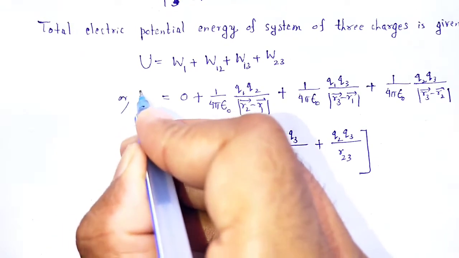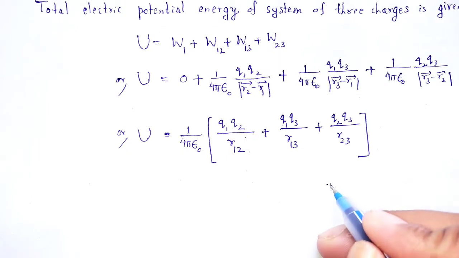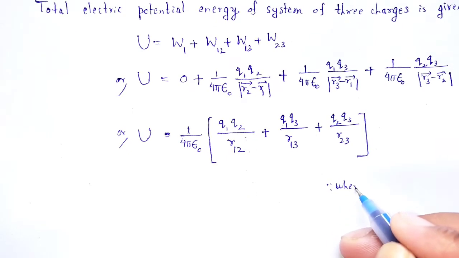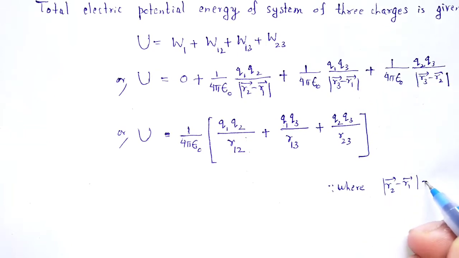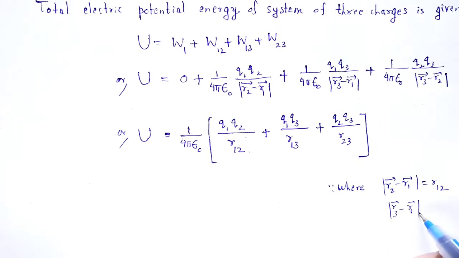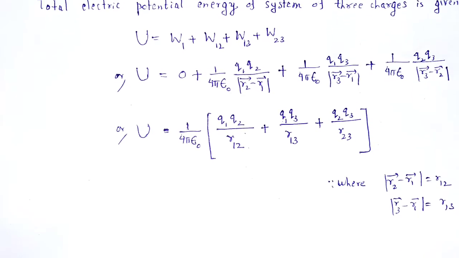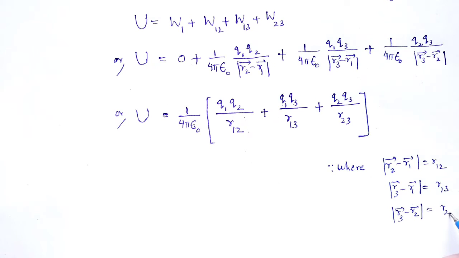This is the total potential energy due to these three charges, where we take the magnitudes as r12, r13 and r23.